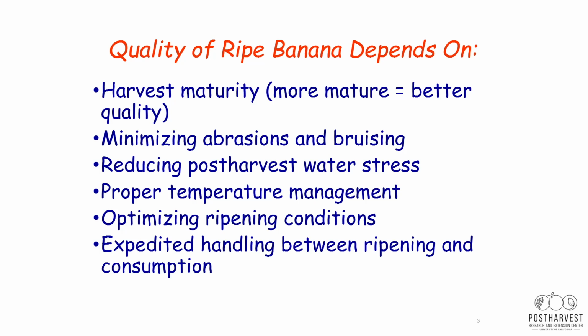Therefore, unlike a lot of other commodities that we've talked about, where ripening, like what Beth talked about, can be initiated at the packing house, here with bananas the ripening is usually done either by specialty banana ripeners or at the retail level in distribution warehouses prior to distribution to the retail store. So it's done right before the banana is supposed to be marketed.